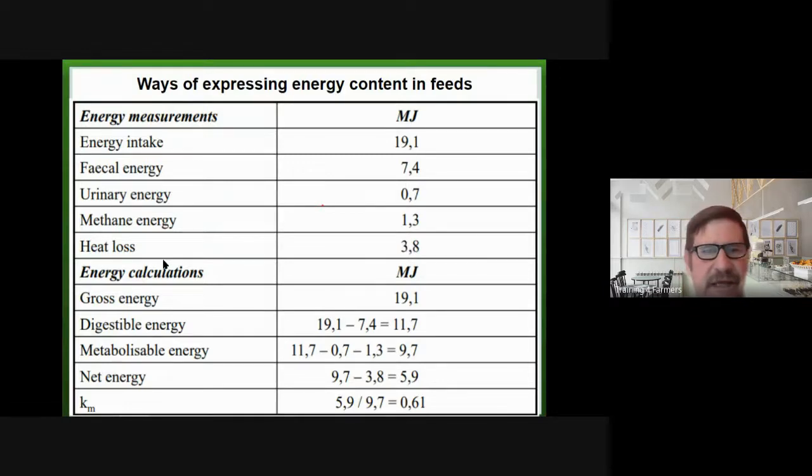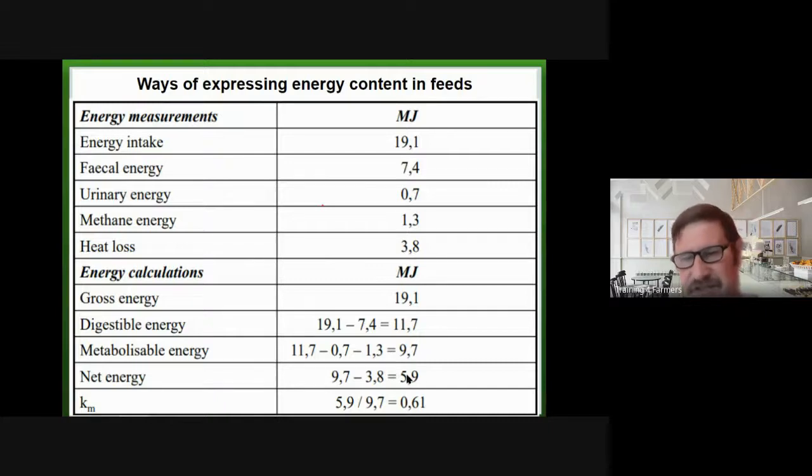So your gross energy was that original one. Your digestible energy is that one minus that one. So you started with 19, and digestible, you only got 11.7 left. By the time you're looking at ME, you got 9.7 left. So you lost 2 there, you lost 7 and a bit there, and so on.